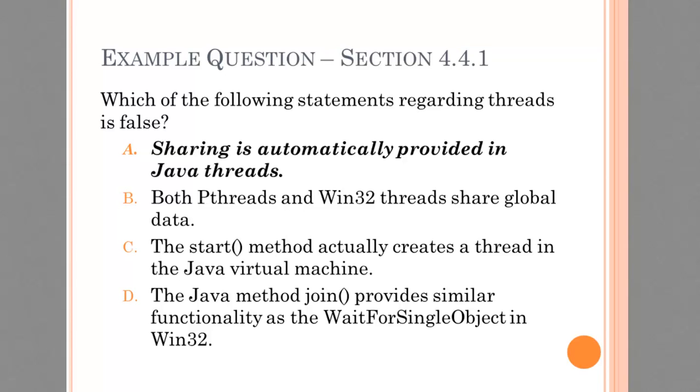That's part of inheritance. Start method, well, you just have to know that. So the start method actually creates a thread in the Java virtual machine. It's just knowing syntax, what programming languages use for their syntax. Same thing for join. So there is discussion on this in section 4.4.1.